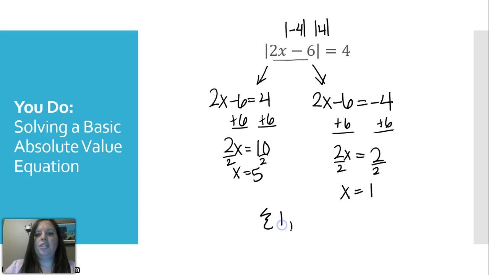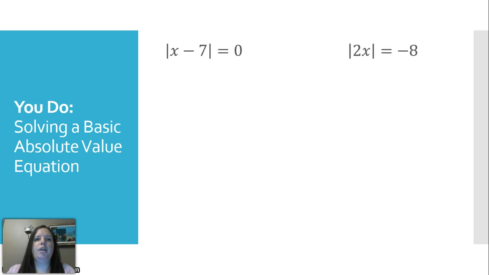So the answers are either 1 or 5. And so if you plug those in, you can check and make sure that inside that absolute value, and if you remember, we called absolute value one of our grouping symbols, like those invisible parentheses, the absolute value is a grouping symbol as well.